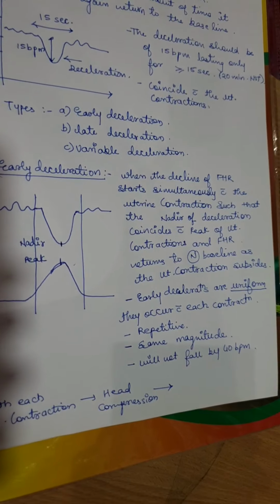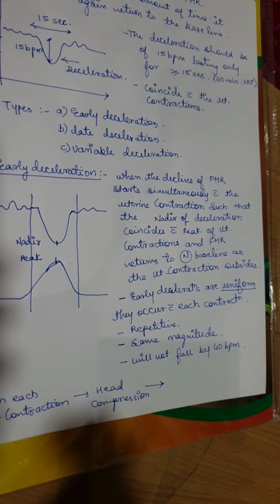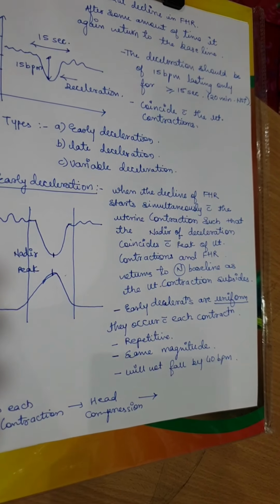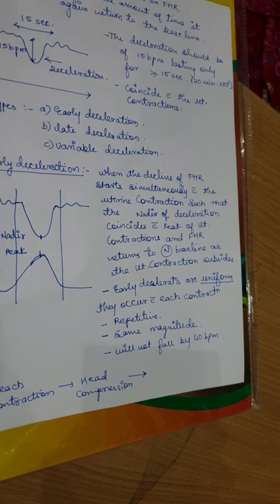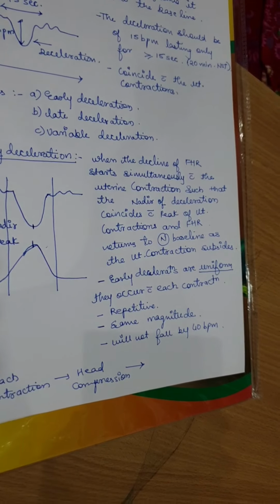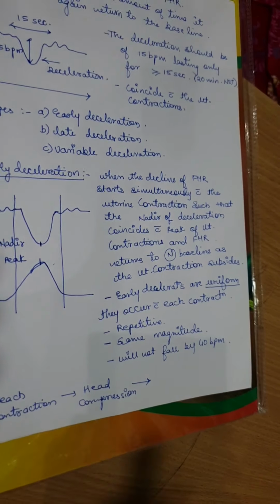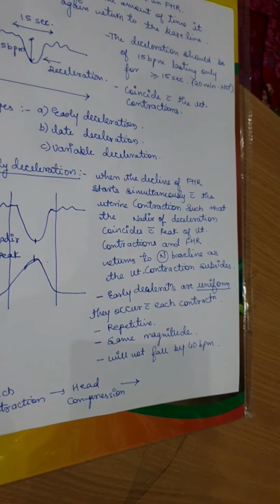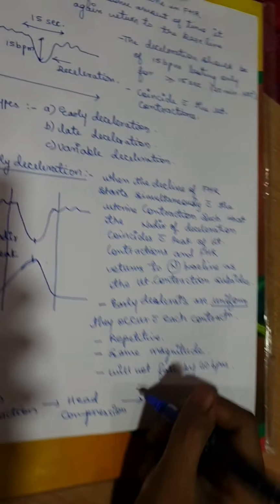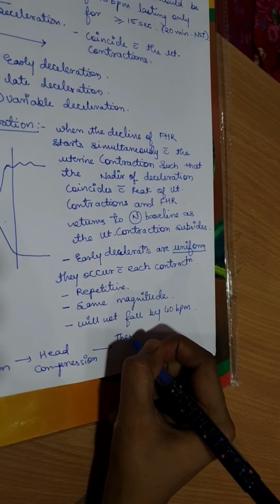Now if the uterine contractions are proper, what will happen during compression? Sometimes the parietal bones at the site of the sagittal suture will overlap each other. So we'll write over here, there is the molding.